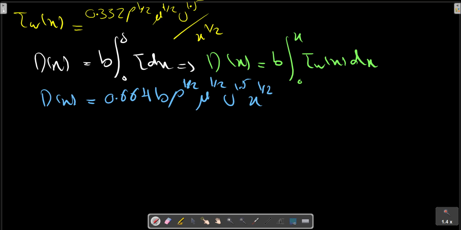The drag increases only as the square root of the plate length. This part of the equation increases with the square root of the plate length.